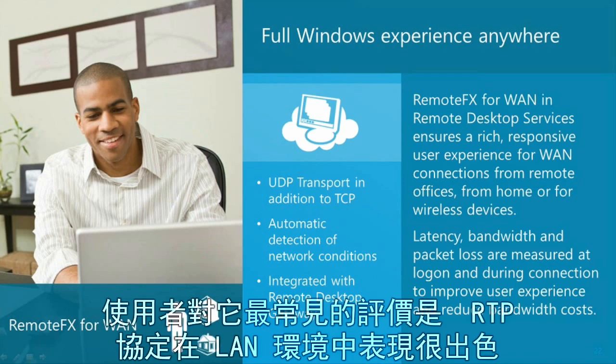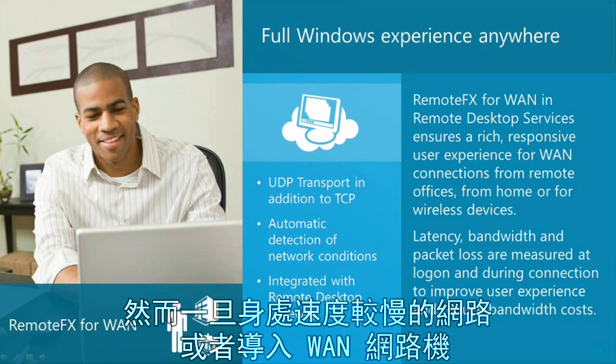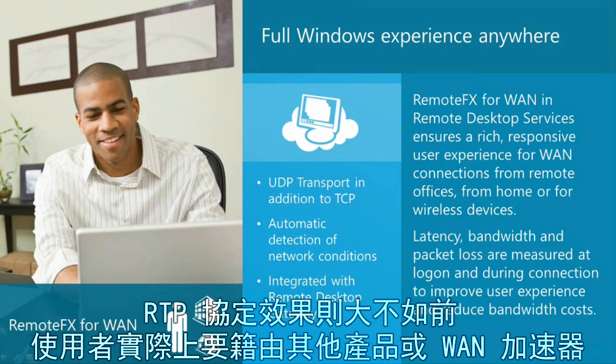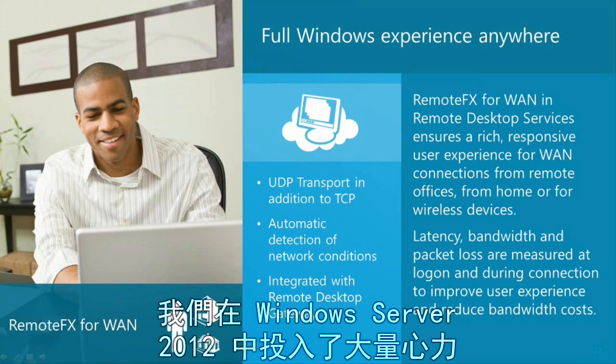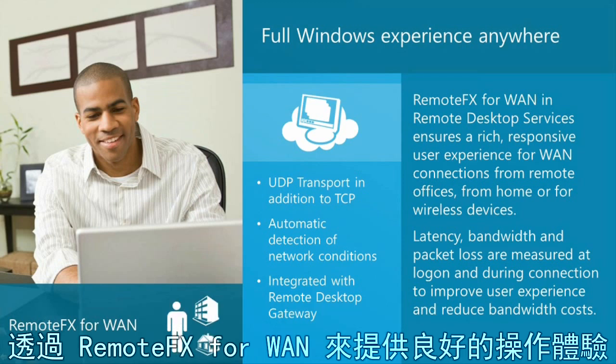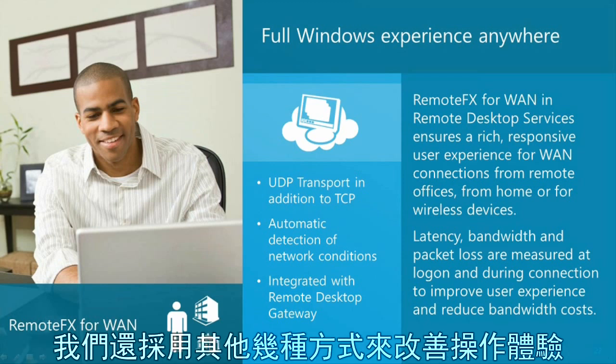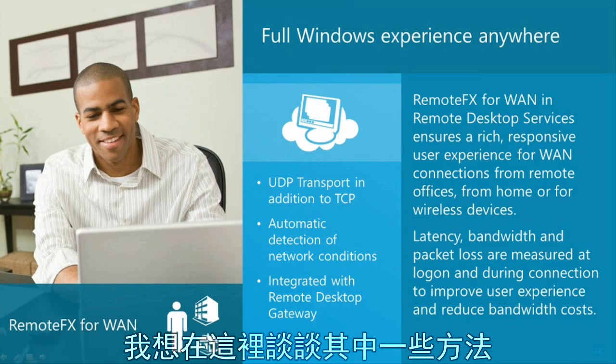One of the comments we always had was that the protocol was great in a LAN environment, but once you got into slower networks, a WAN environment, the RDP protocol didn't work as well, and people actually looked at other products, or WAN accelerators, to try to make that experience better.